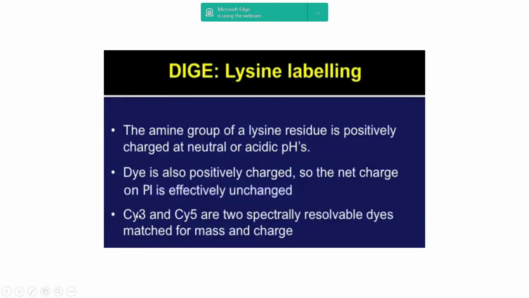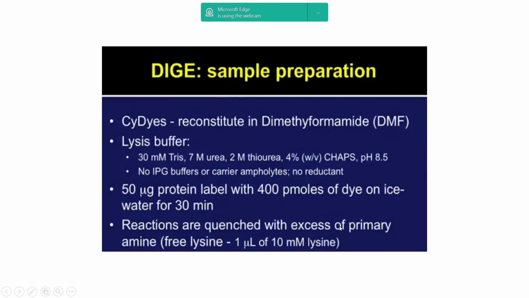Both of these dyes, as you are using them for two different samples, are spectrally resolvable dyes as well, and because they have a similar mass to charge ratio, it is not affecting the protein as such.